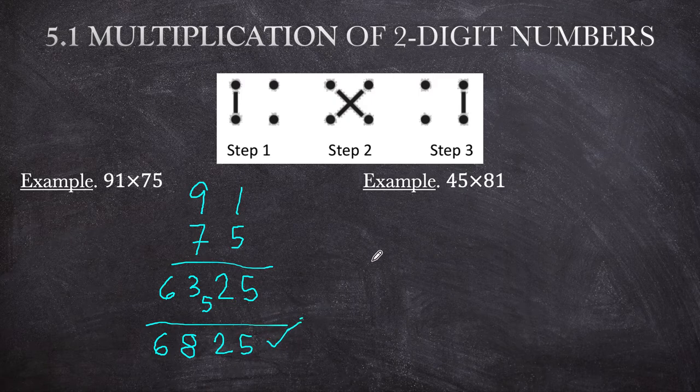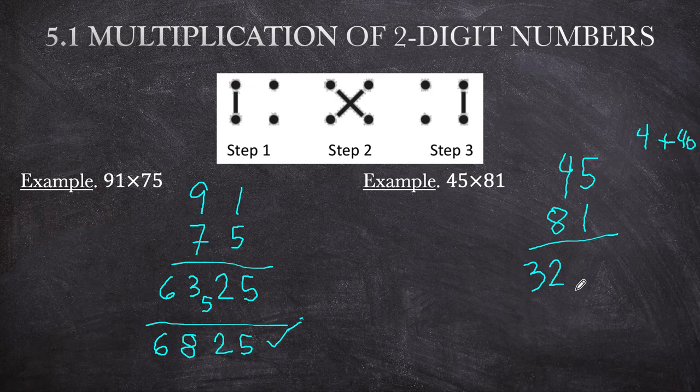Okay. Next we have here 45 times 81. So 4 times 8 is going to give us 32. Let's do the crosswise part. 4 times 1 is 4, plus 8 times 5 is going to give us 40.